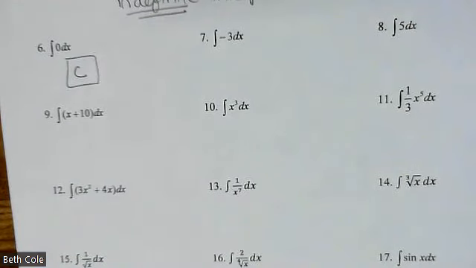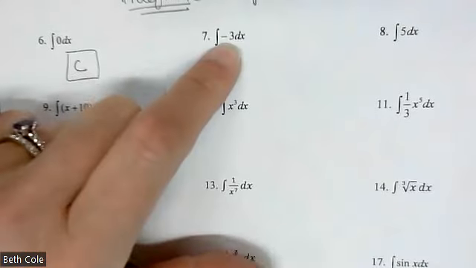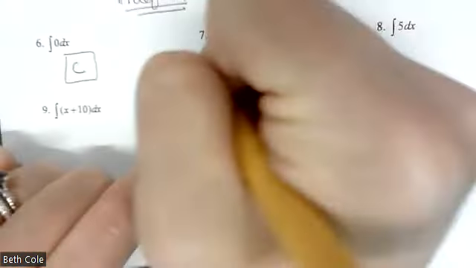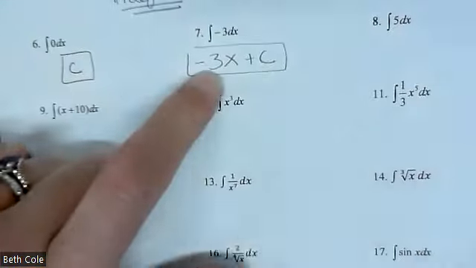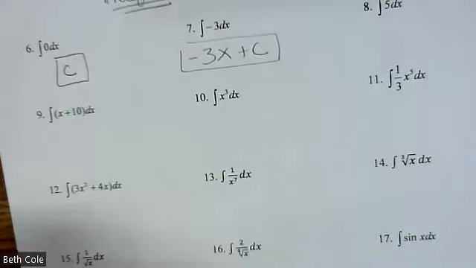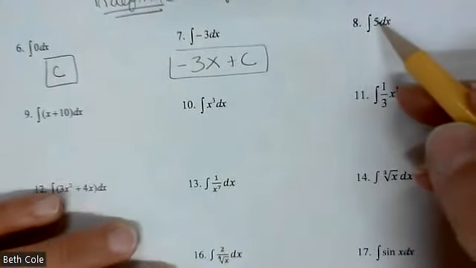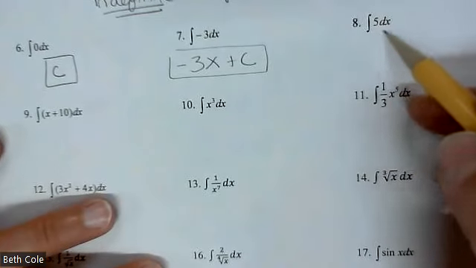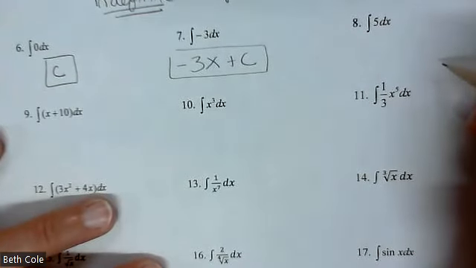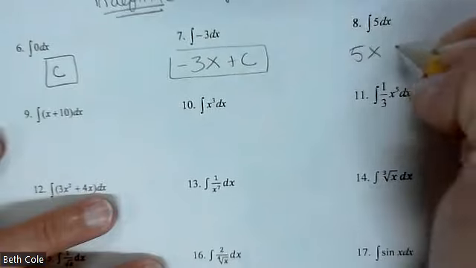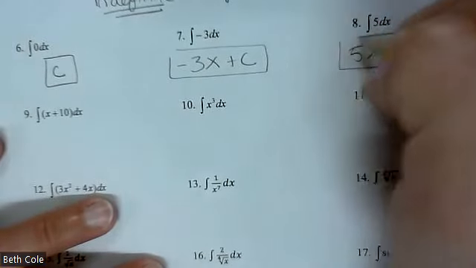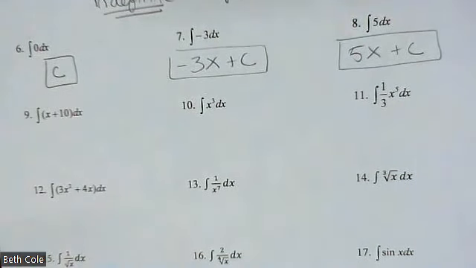You need to come up with a function that if you did the derivative, your answer would be -3. Good, -3x plus c. If you did the derivative of that, you would get -3, like that's the answer. How about this one? 5x plus c. Good. You want to come up with a function where if you did the derivative, you would get 5, like 5 is your answer.